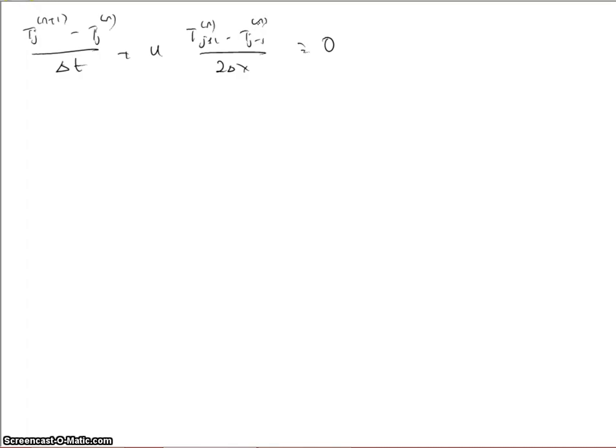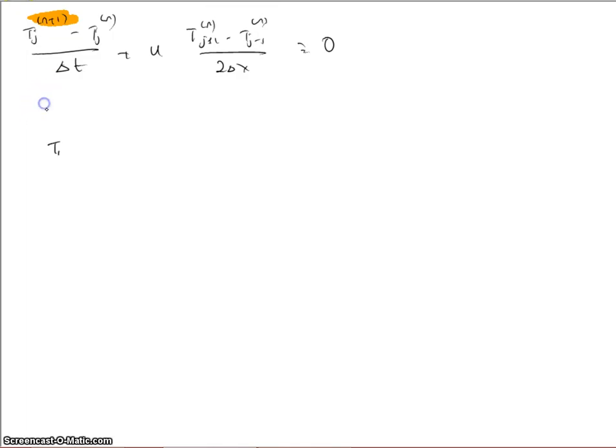As in the parabolic PDE, when we do this, we are going to rearrange it such that all the unknowns are on the left hand side and all the known values are on the right hand side. The unknown values that we have are given by the temperature at the next time step, because we assume that everything at time level n is known to us.